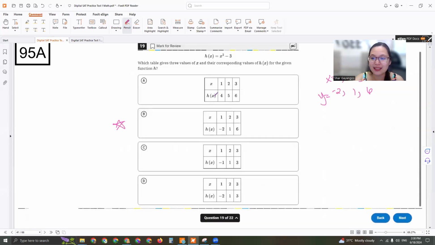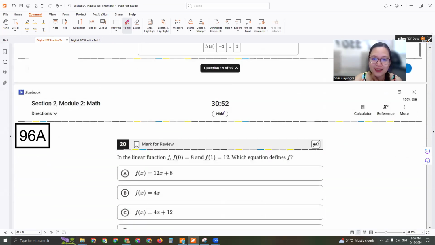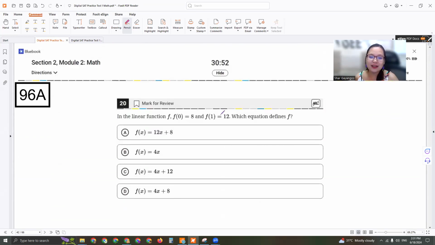All right. Let's continue with question number 96. In the linear function, f of 0 is 8, f of 1 is 12, and then we're looking for the equation. So sometimes this might look confusing or we're not sure what to do, but always remember linear function. And then when you have a linear function, remember the two equations I've mentioned earlier.